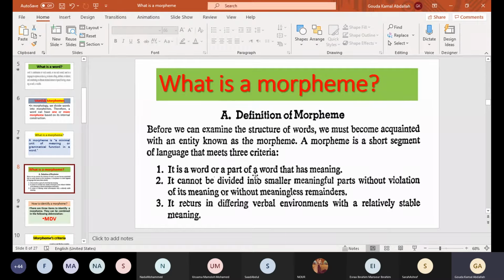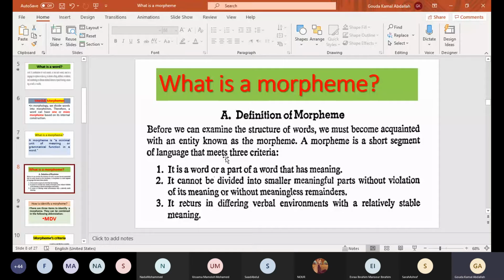Or the example Isra said earlier, streets. We have street and then we have S. So it could be a word or it could be a part of a word. The second condition: this part of the word or this word cannot be divided into smaller meaningful parts.